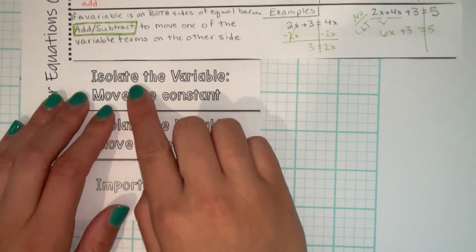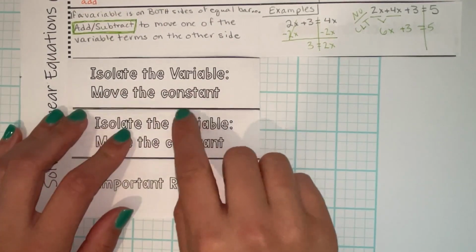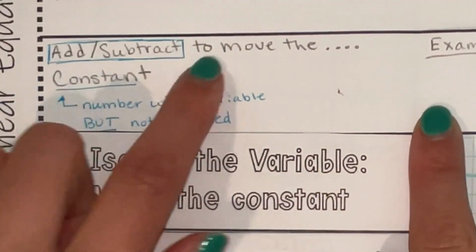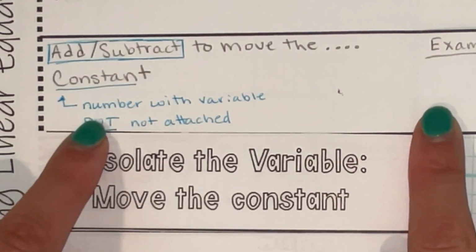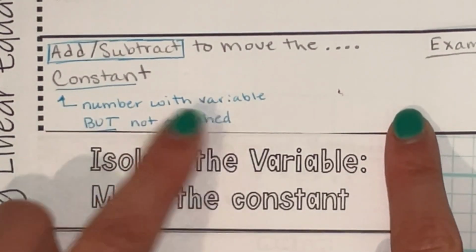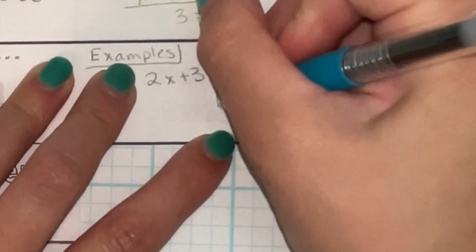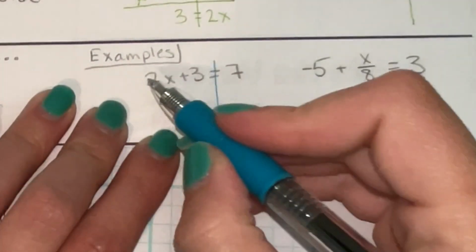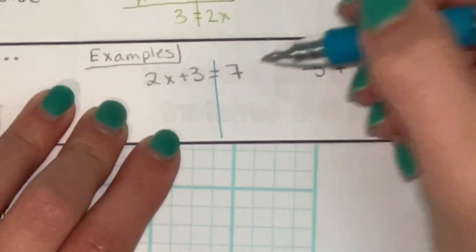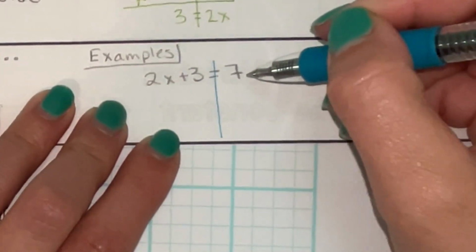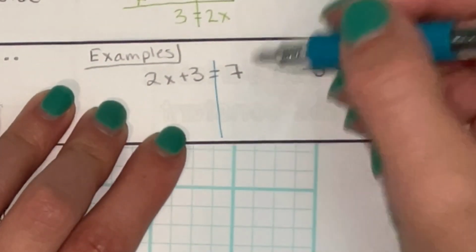Next, we have to isolate the variables. So this is where we're going to move the constant. So you add or subtract to move the constant. And the constant is the number that is with the variable but not attached. So, for example, draw my equal bar down this example here. 2x plus 3 equals 7. Now 7 is technically a constant, but we aren't going to be fiddling with that too much.